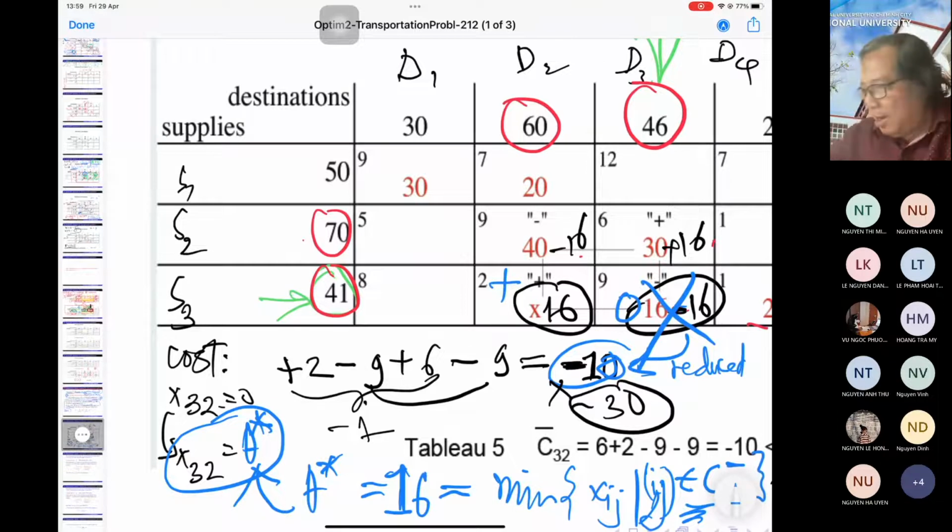Okay, that is the same like the network flow problem. It's the same. In the network flow problem, you take the minimum of the flow in the backward arc.